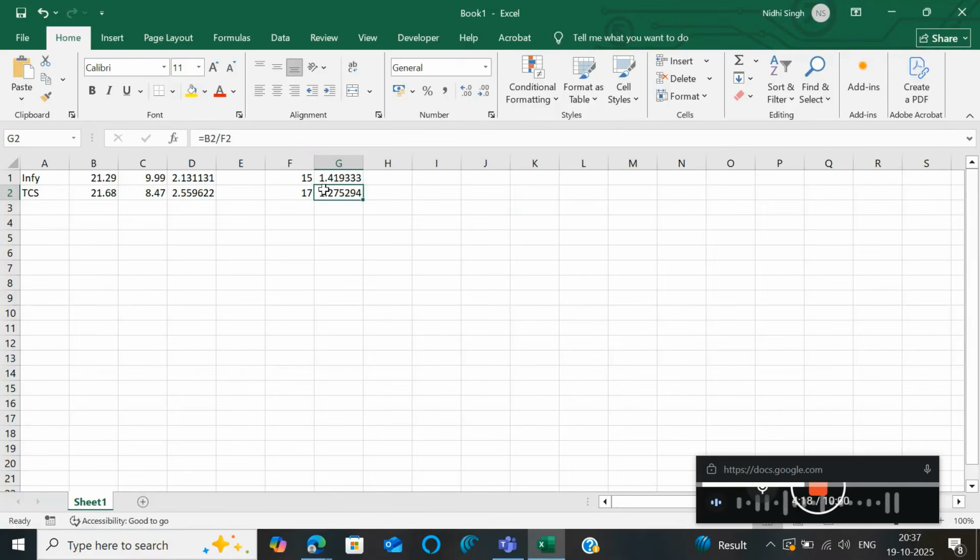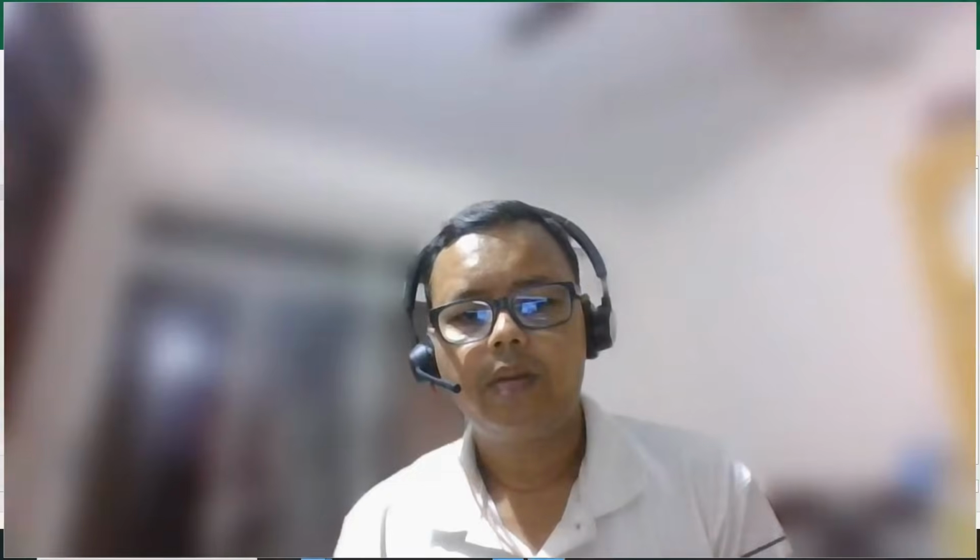So for that, you need to make some projections and estimate what kind of growth can come into a company, and then decide whether you are paying more or less. In the investing world, a PEG ratio less than 1 is considered cheap for any stock, and a PEG ratio greater than 1 is considered expensive. So just keep that point in mind.